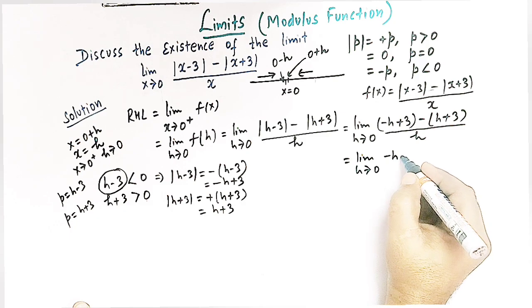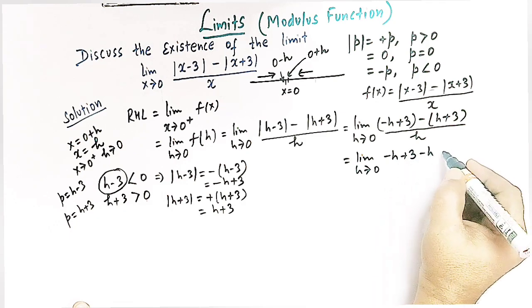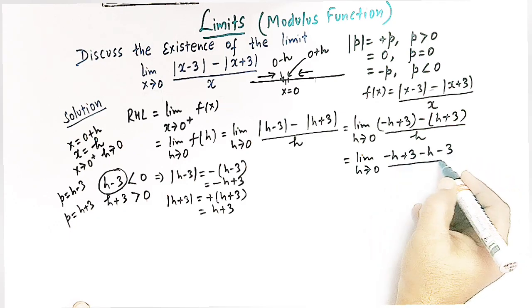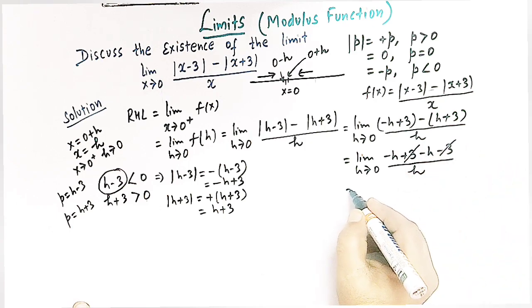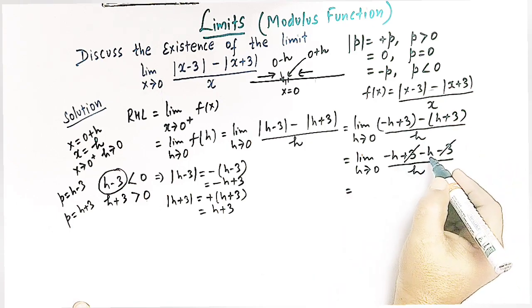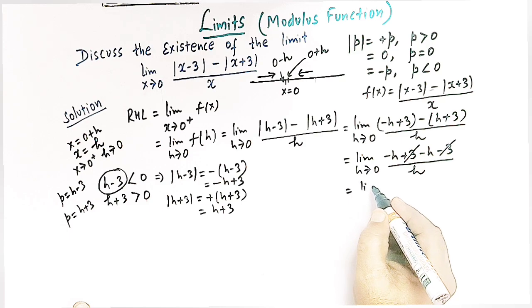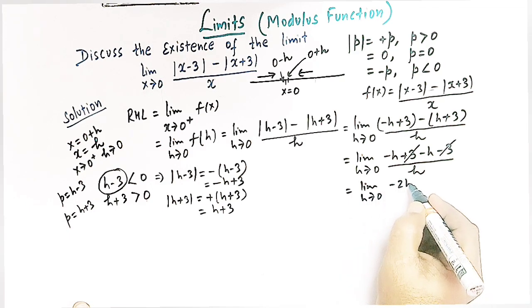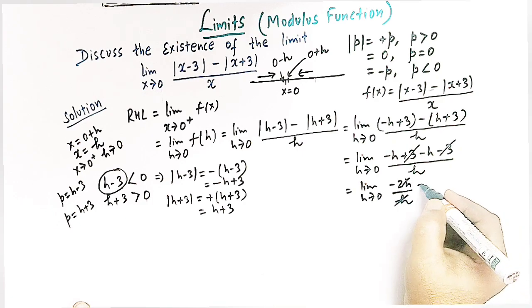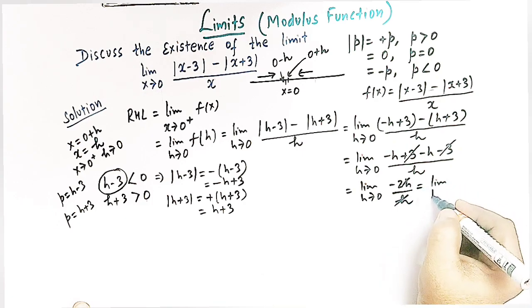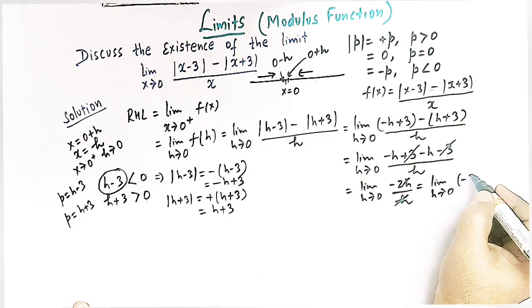So we have minus h plus 3 minus h minus 3, and here we have h. Now this 3 and this 3 get cancelled, and minus h minus h is minus 2h. So we have now minus 2h over h. Now this h and this h get cancelled, so we have limit h tends to 0 of minus 2.